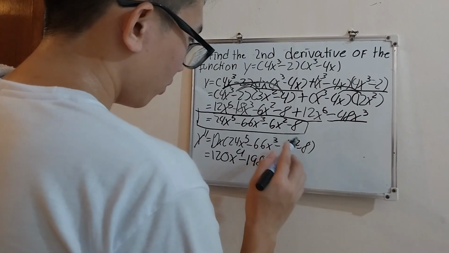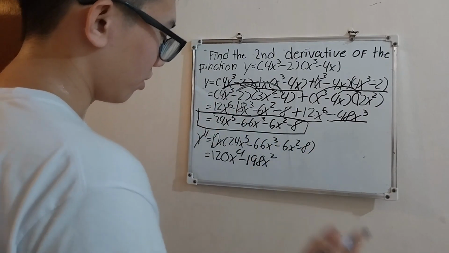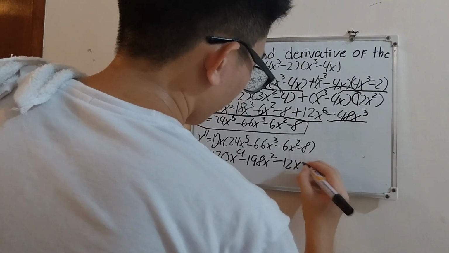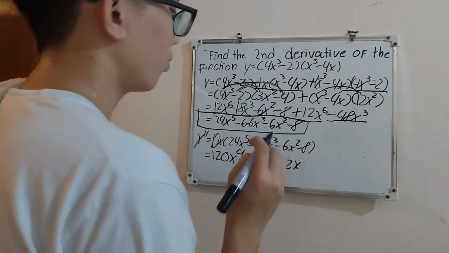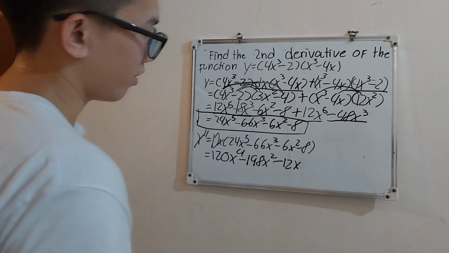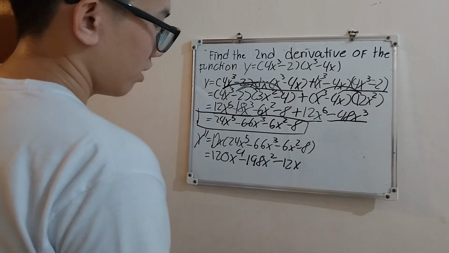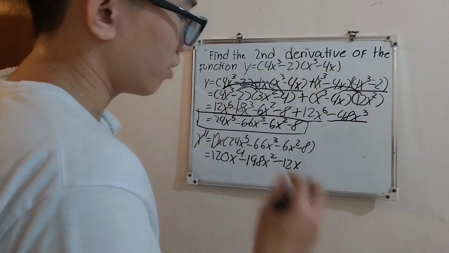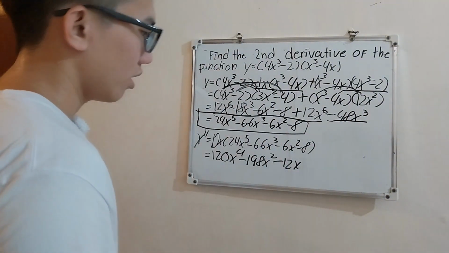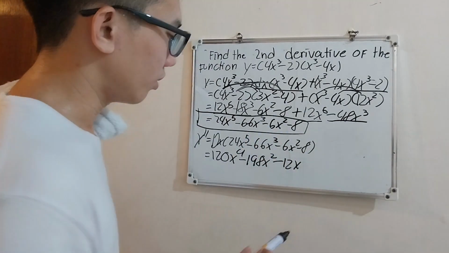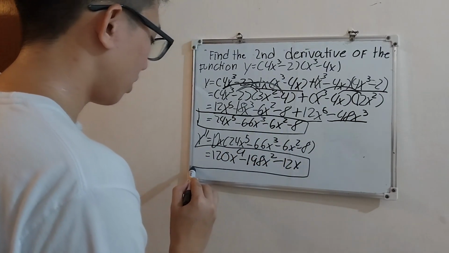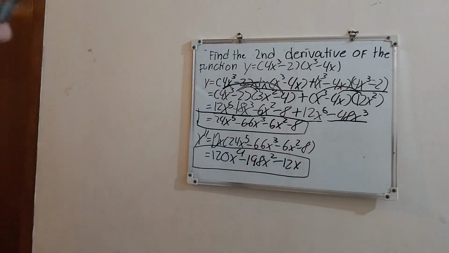The rest is 2 times negative 6, which is equal to negative 12, so just x, since 2 minus 1 is 1. There is an imaginary 1 on the x. Then you don't have to bring down the number 8 since it is a constant number, so it is a 0 and you don't have to put it down. So this is our second derivative.